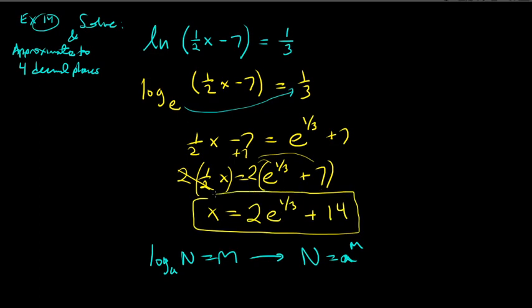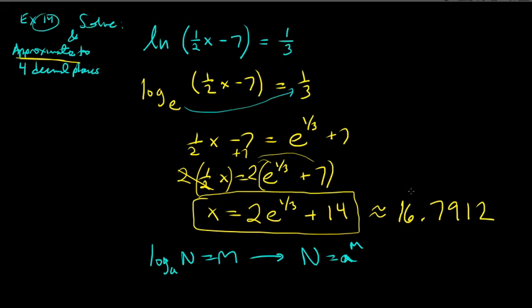And again, that's the exact answer. But notice we also want you to approximate to 4 decimal places. So to do that, you simply have to plug this in your calculator. So let's do that now. Okay, well, my calculator, and I hope it's right, says this is 16.7912.